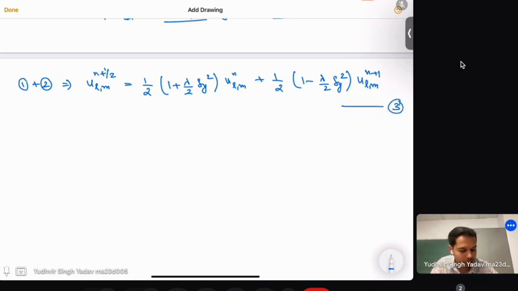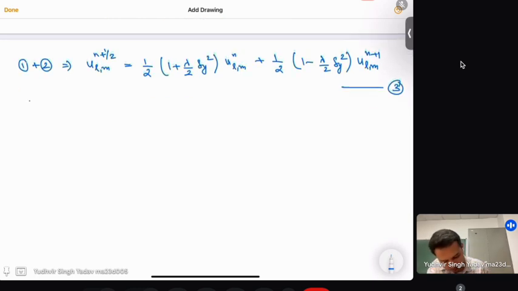So this is another simplified way to write the ADI scheme. Simply, you can just introduce the boundary conditions also and simplify this scheme further.